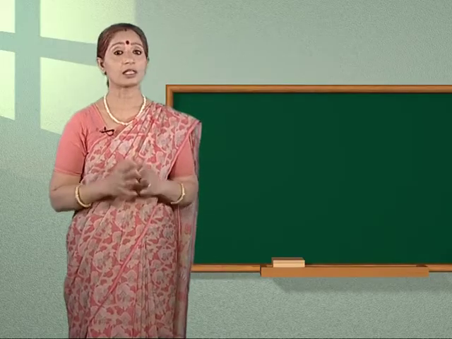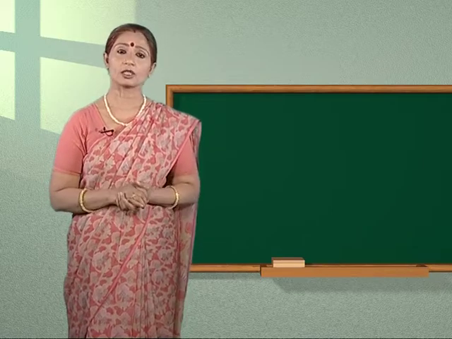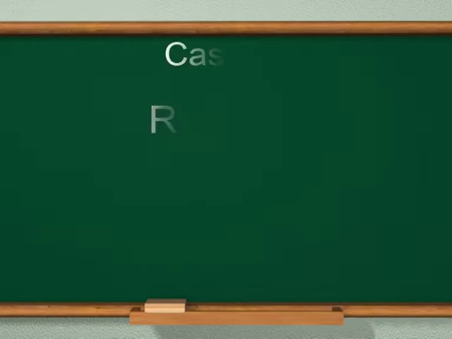Now, there are some special situations possible. Let us look at these also. The first possible special case can be that the resistance of the external resistor in the circuit be very small as compared to nr.